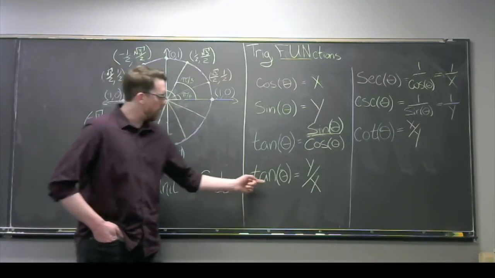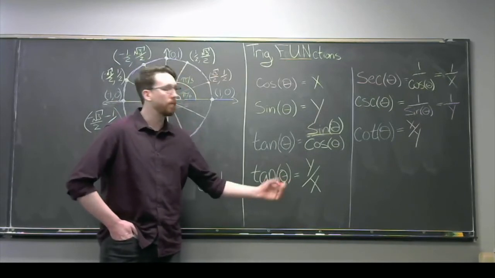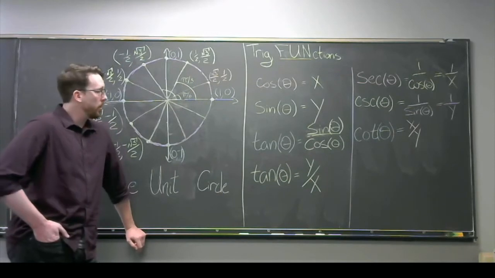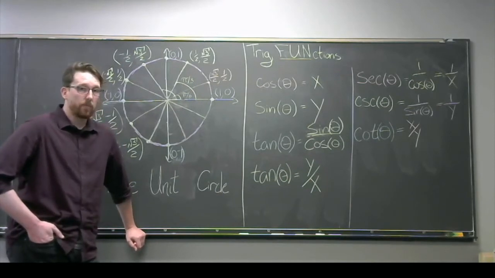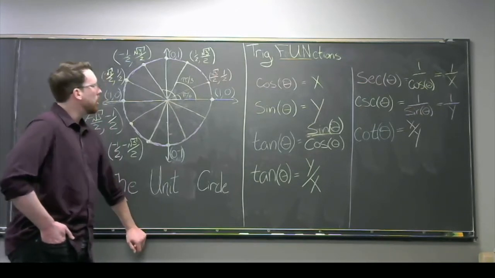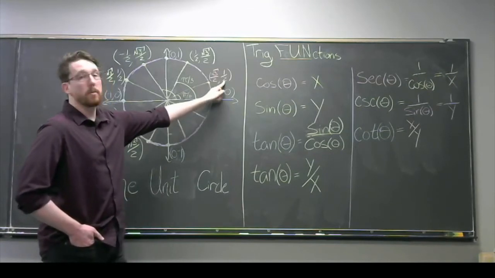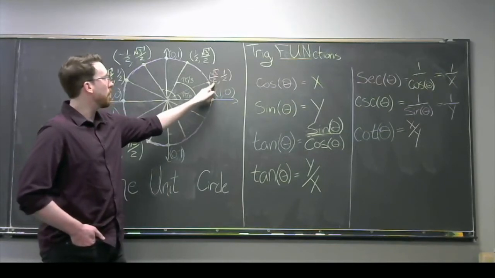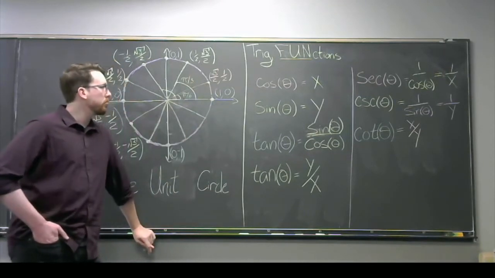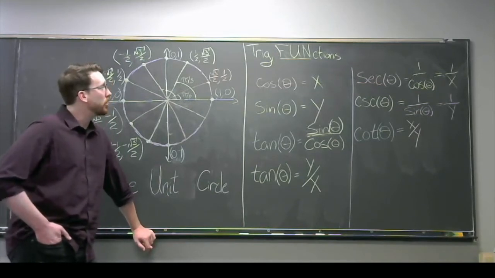So what we're doing is we're saying, all right, whatever the angle is, let me find out what the x value and what the y value are. Tangent at that angle is going to be whatever the y value is divided by x. So tangent of pi over 6 is going to be 1/2 divided by the square root of 3 over 2. That's really all I've got to say about trig functions.